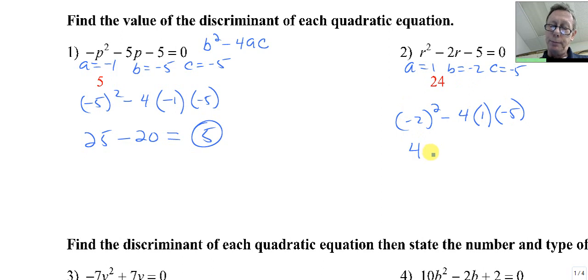And on the other side, I would have -5 times 1 is -5 times 4 is 20, so that's minus -20, equal 24. Let's move down to the next problem.